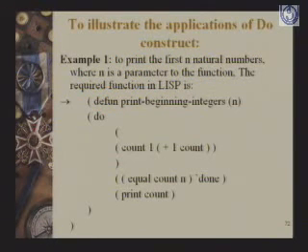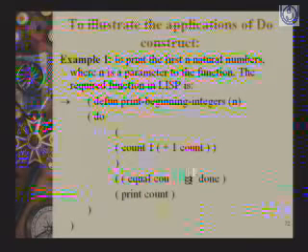So this gives the complete definition of print beginning integers, for which n is a parameter indicating that the integers to be printed are from 1 up to n. No integer beyond n is to be printed, and the definition of that is given on the slide.